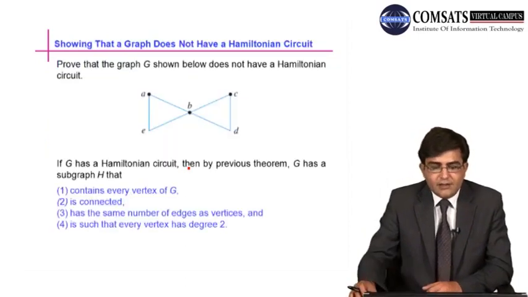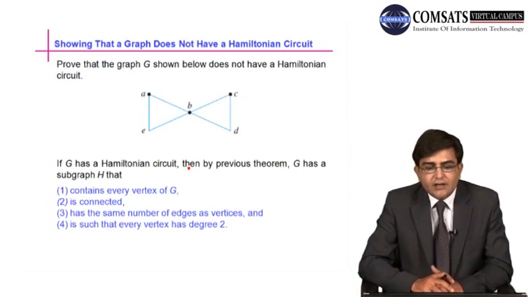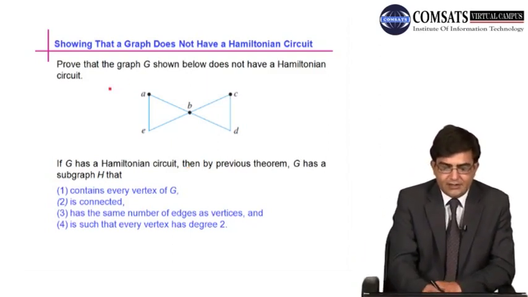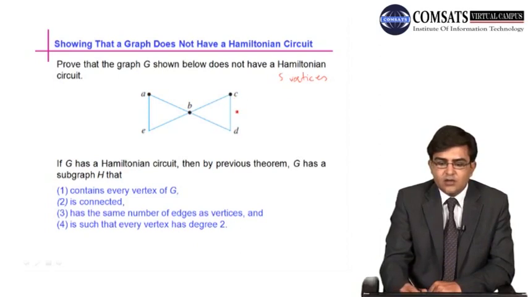So for example, here we have to show that a given graph G doesn't have a Hamiltonian circuit. Prove that the graph G shown below doesn't have a Hamiltonian circuit. The graph is given, there are basically A, B, C, D, E. There are 5 vertices and 1, 2, 3, 4, 5, 6.